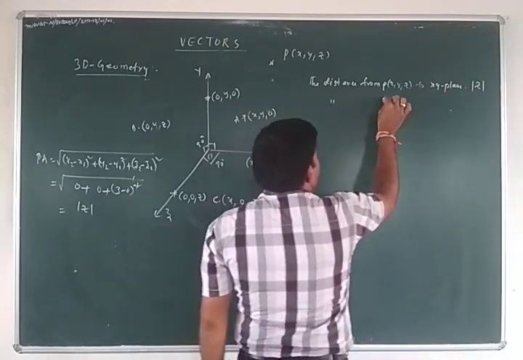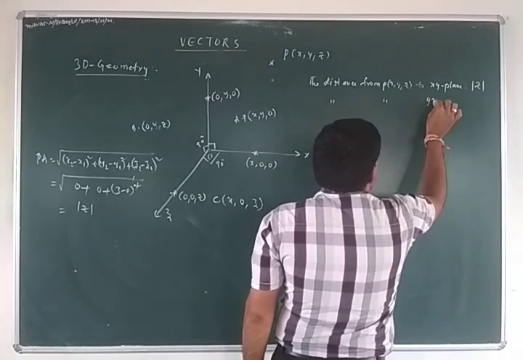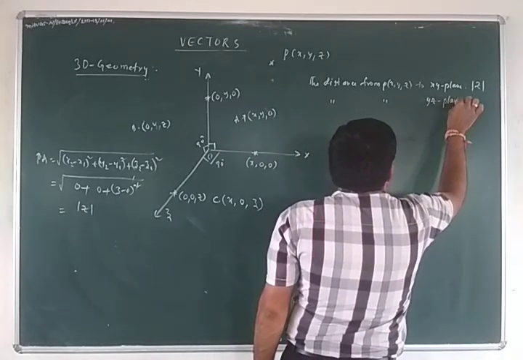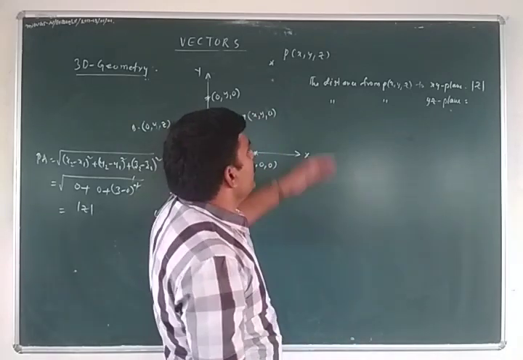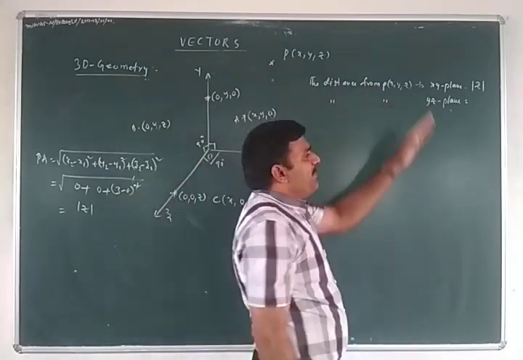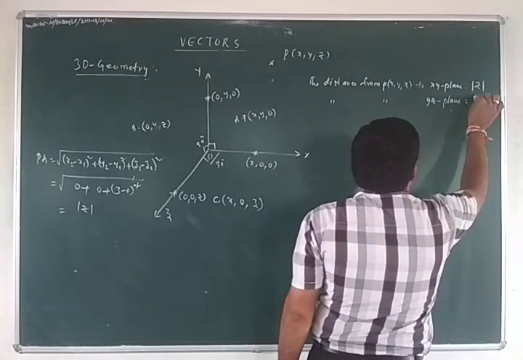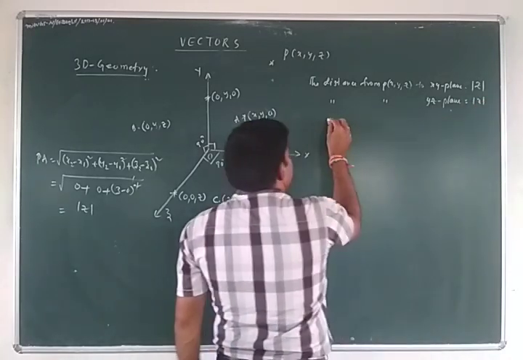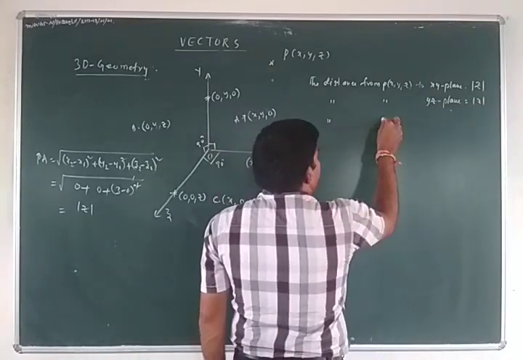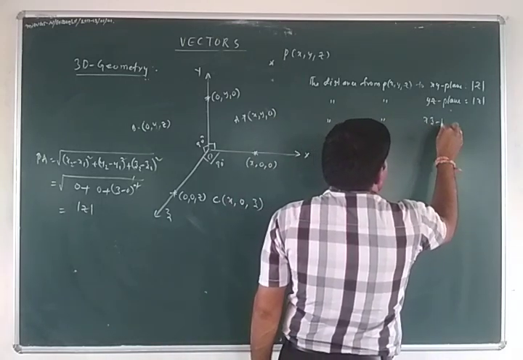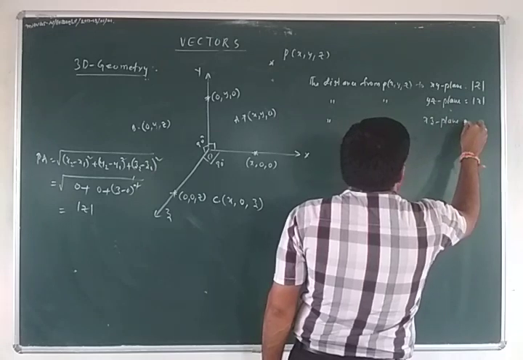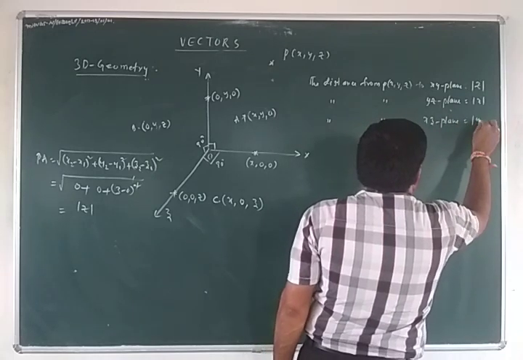Similarly, the distance from P(x, y, z) to the yz plane is mod x, and the distance from P(x, y, z) to the xz plane is mod y.